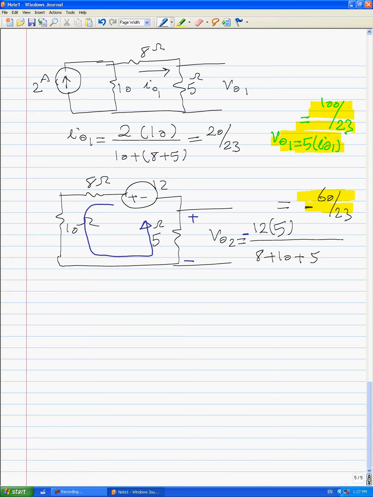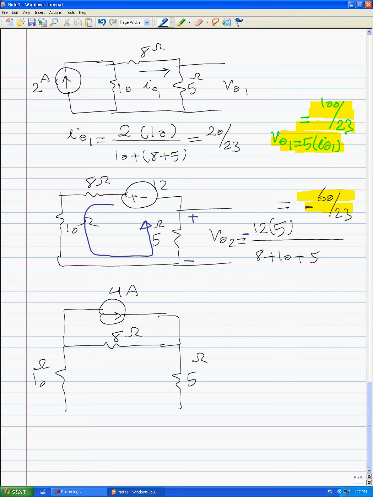And for part 3, the circuit is like this. We have 4 amps here and 8 ohms here and 10 ohms here, and also we have 5 ohms here.